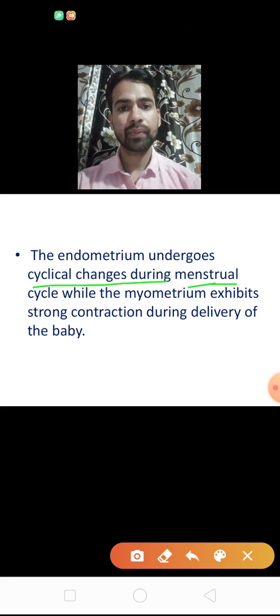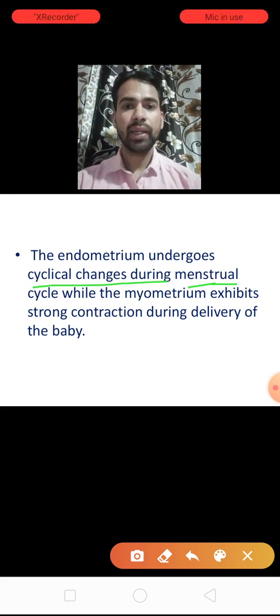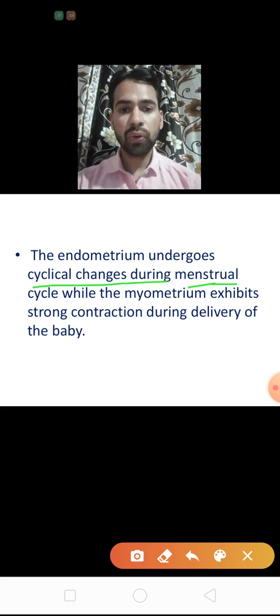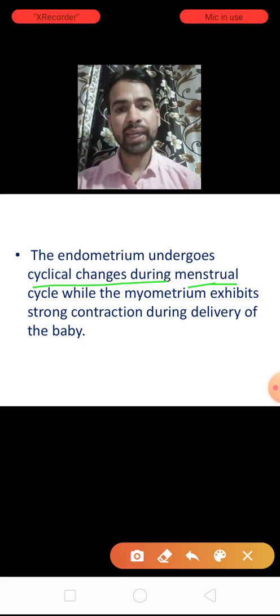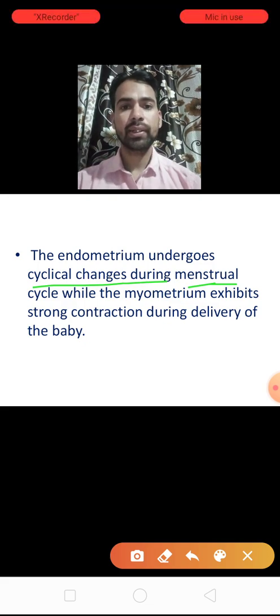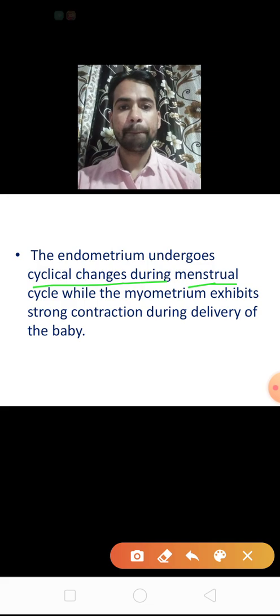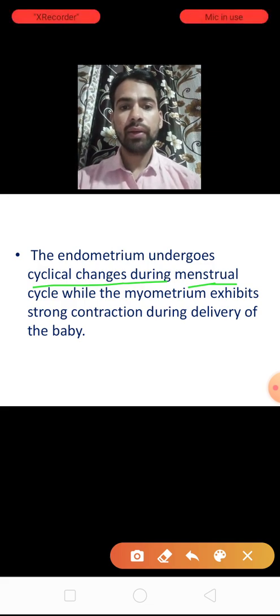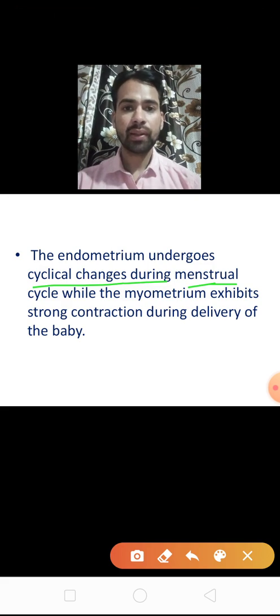The endometrium undergoes cyclic changes during the menstrual cycle, and it breaks, then along with the egg the endometrium is released from the vagina.